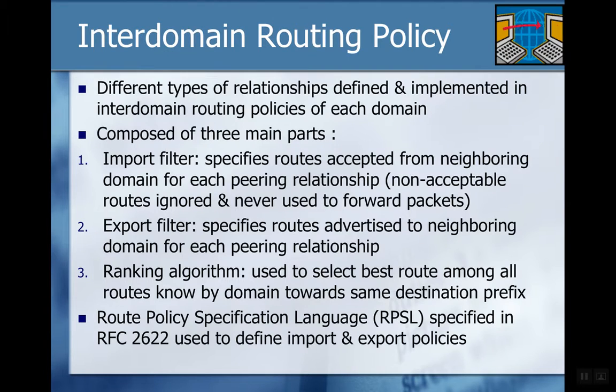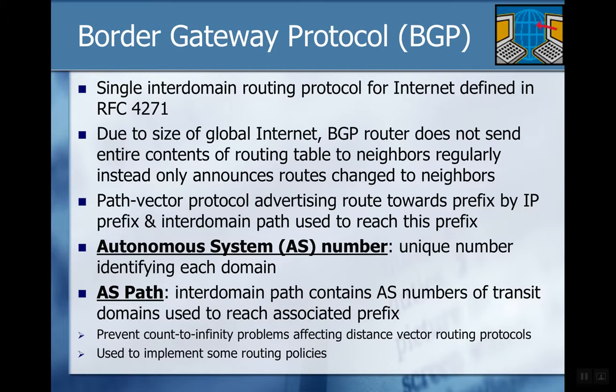Just another example. Also, interdomain routing policies. BGP is another type of routing protocol, defined under RFC 4271.